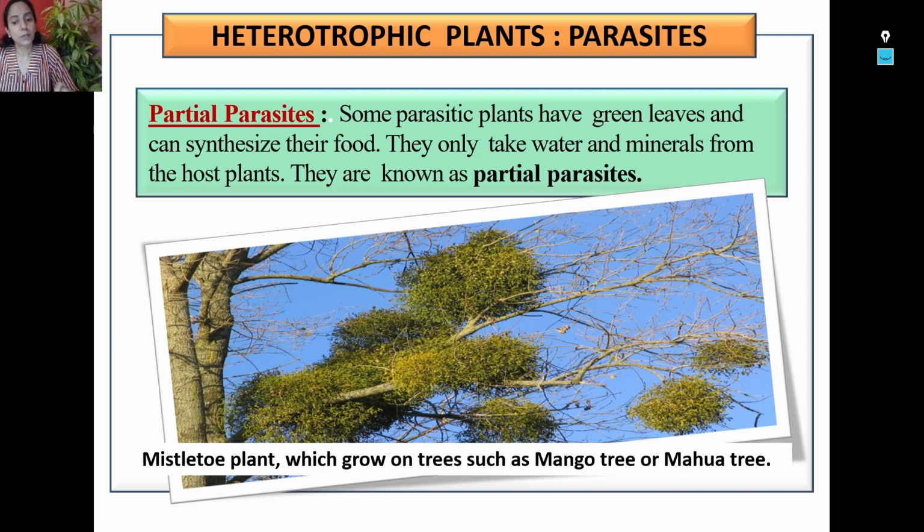It grows on trees such as mango and mahua, and it is drawing only water from the host plant. So it is partially dependent on the host plant. So we say this is a partial parasite. An ideal example is the Mistletoe plant. So this is about parasitic plants.